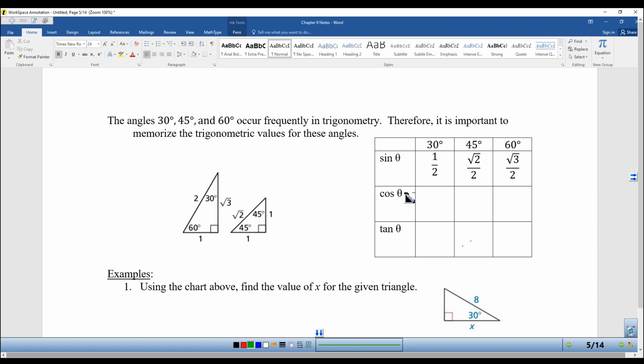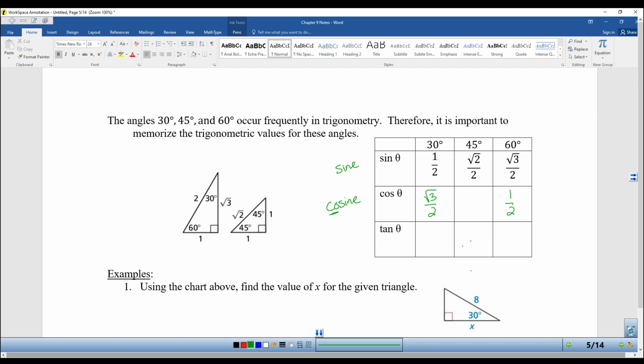And that is that cosine, think about it this way, it's got the word co in it, right? It's just like sine, but it's complementary. So it's going to do the opposite of what sine does. So when sine is 1/2, cosine is square root of 3 over 2, because that's its complement. See how 30 and 60 are complementary? And when sine is 60, cosine is 1/2.